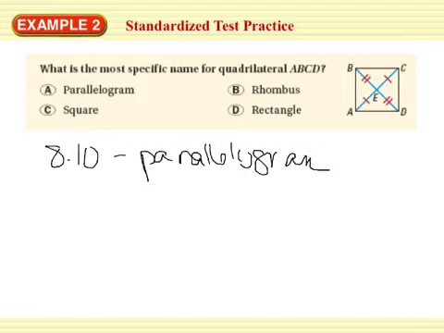Rectangles, rhombuses, and squares are also parallelograms. However, there is no information given about the side lengths or angle measures of ABCD. So you can't determine whether it's a rectangle, a rhombus, or a square. We don't know if those are 90 degrees. We don't know any other information, so you can't classify it any further.